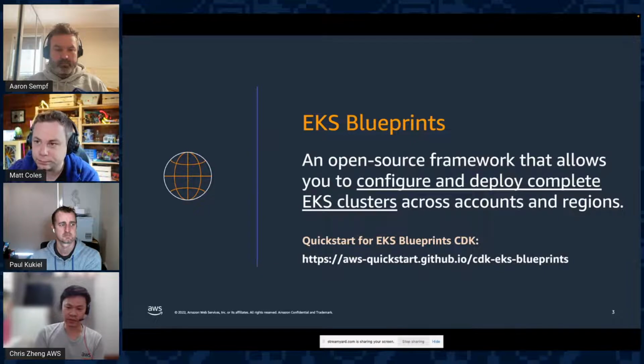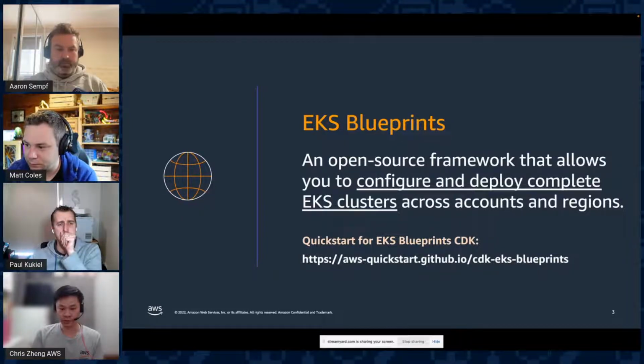So EKS Blueprints brings all these things together in one place, so they can manage using the code they prefer, CDK or Terraform. But I also saw people using it not only for maintaining the clusters, but also for building new Kubernetes applications using blueprints. So in today's demo, I will focus on how to use the blueprints to spin up your clusters with some custom add-ons and also some custom themes that you can build into the clusters.